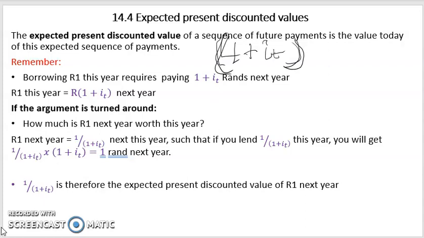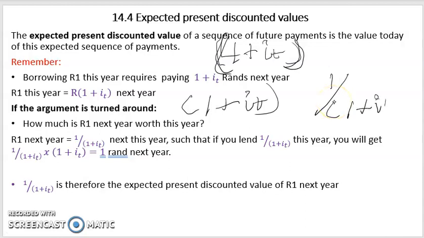This is simple. If we know that if you borrow R1 this year, you pay 1 plus the interest rate next year, then if you wanted to get R1 next year, you simply discount the R1 by the amount you would have paid next year had you borrowed R1 today. In essence, you're basically reversing the equation.